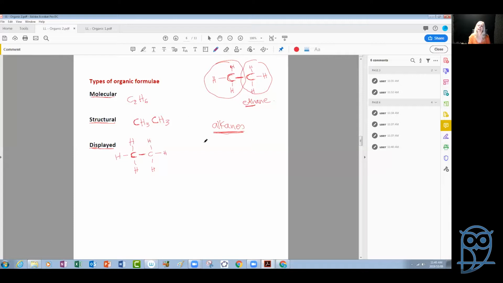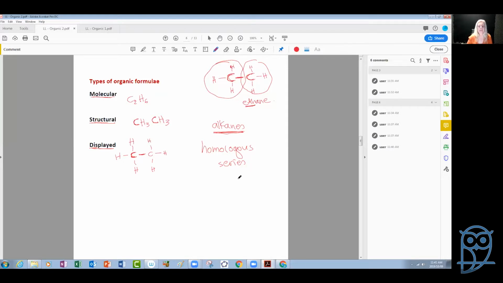A family of compounds that behave in a very similar way and have very similar properties are called a homologous series in organic chemistry. So alkanes is one type of homologous series in organic chemistry.